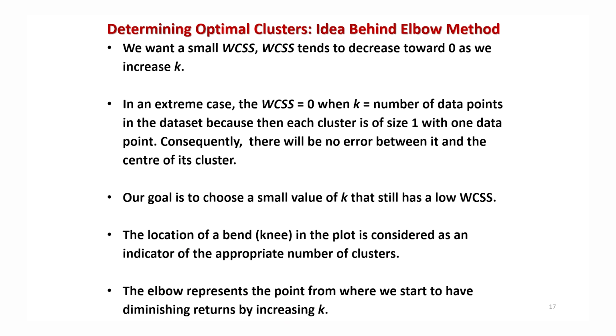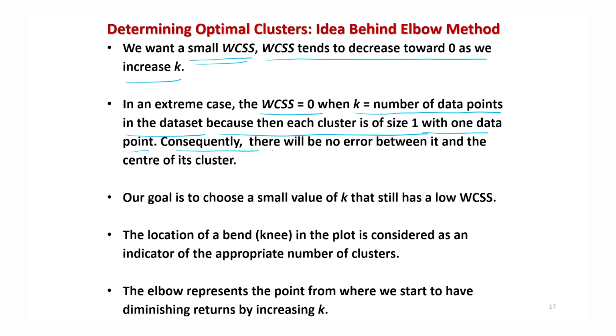And we want a small WCSS, because that's the variability, and this WCSS tends to decrease to 0 as we increase the number of clusters k, right. And in the extreme case, WCSS is equal to 0 when k is the number of data points in the data set, because each cluster is of size 1 with 1 data point, right.